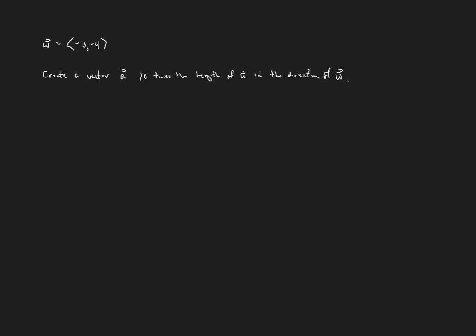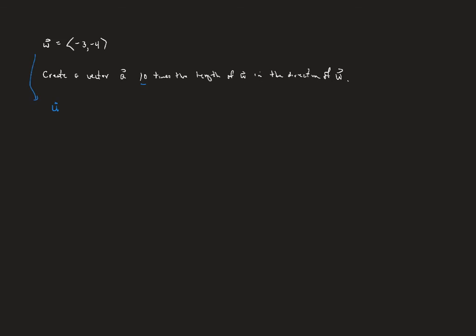So the process goes something like this. We're going to first create a unit vector in the direction of w. That is, we're going to create a vector of length 1, and then we're going to take that vector and multiply it by 10 to give us a vector of length 10.